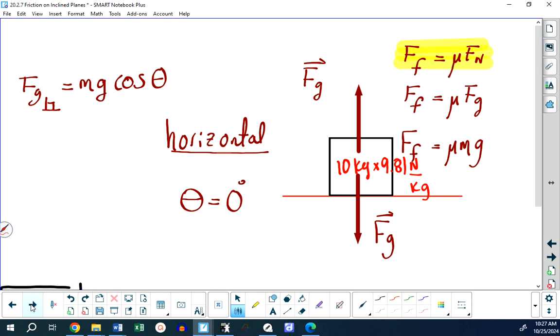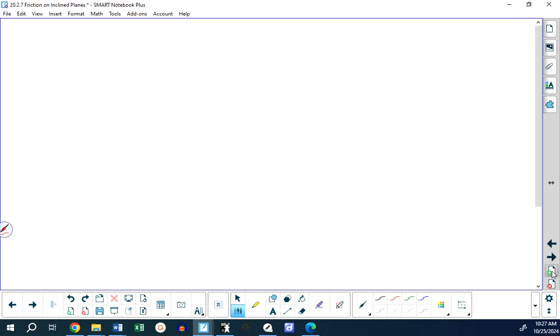This statement that we've stumbled upon for an inclined plane, that the normal force has the same magnitude as the perpendicular component of gravity, is true all the time. The normal force will always be mg cosine theta. It's just that on a horizontal surface, cosine of theta is cosine of 0, which happens to be 1.